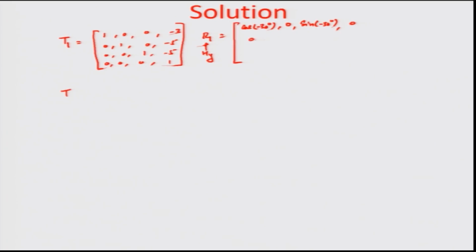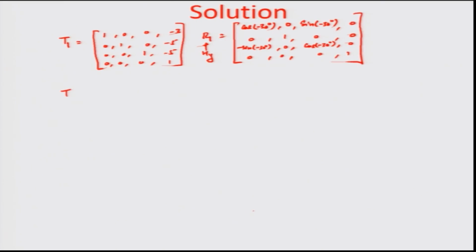Similarly, 0 1 0 0, and minus sine of minus 30 degrees, 0, cos of minus 30 degrees, 0, 0 0 0 1.